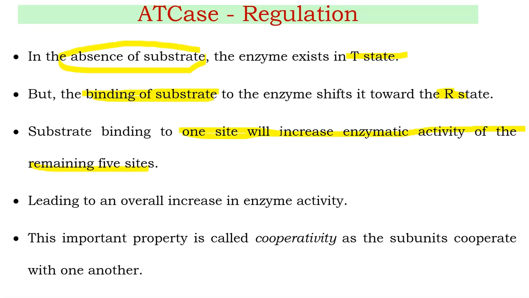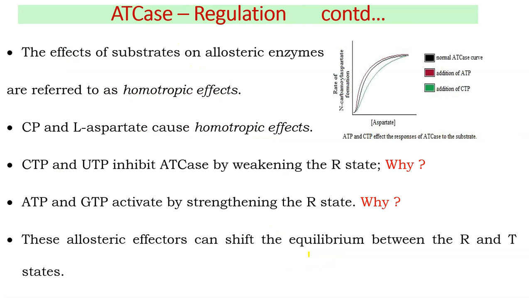Did you understand? This property is called cooperativity, where binding of one substrate increases the binding of more and more substrate molecules. That is called cooperativity, which is seen in aspartate transcarbamylase. If the substrate is binding and altering the activity, it is called a homotropic effect. What are the substrates here? Carbamoyl-aspartate and L-aspartate. They are responsible for the homotropic effects.